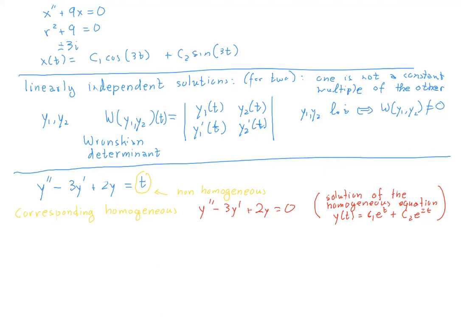So now, the point of this discussion is that the homogeneous equation and the non-homogeneous equation are very much connected to each other in terms of their solution. And here's how it works. So if, let me call it y star of t, is one solution.